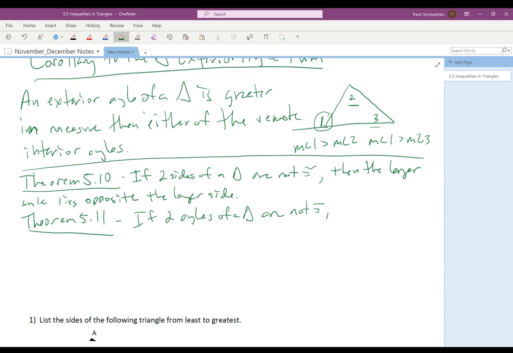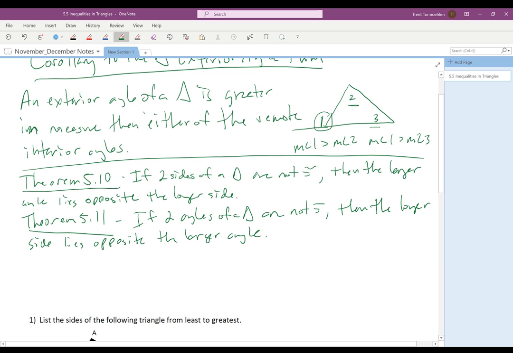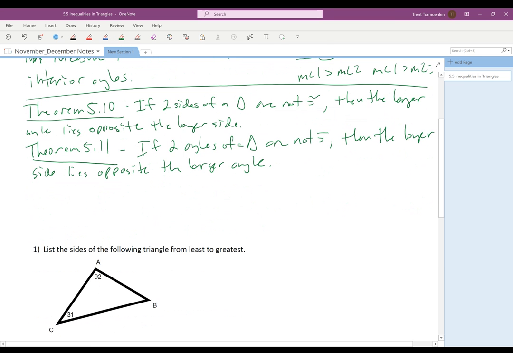This one says if two angles of a triangle are not congruent, then the longer side lies opposite the larger angle. And so basically what this says is we can order the angles based on the sides, or we can order the sides based on the angles. And we just look at the opposite for those.